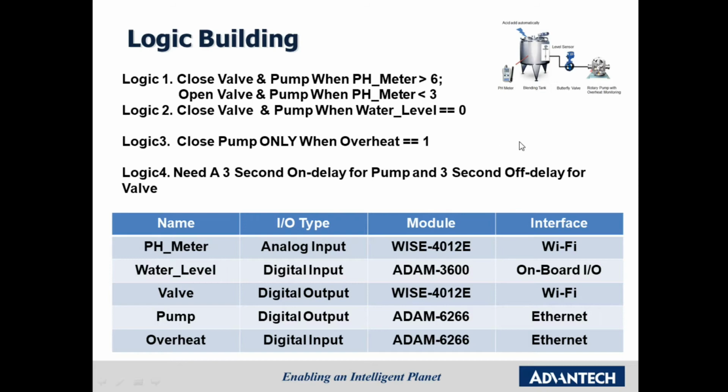The third one is close pump only when overheat is true. The logic 4 needs 3 seconds on delay for pump, and 3 seconds off delay for valve. And this sensor we use as this module to demo for that.